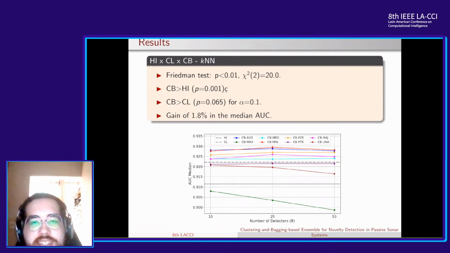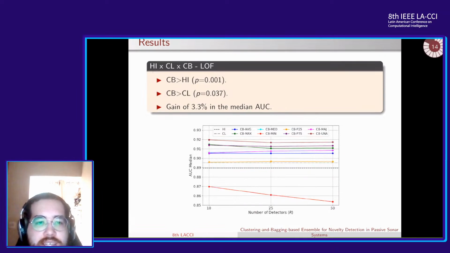The KNN clustering bagging ensemble performed better than the KNN hierarchical and clustering ensemble, being the latter one, only considering the less restrictive scenario, alpha equals 0.1. The gain of clustering bagging ensemble over the hierarchical in the median is about 1.8%, which is relevant for the safety critical problem in practical terms.